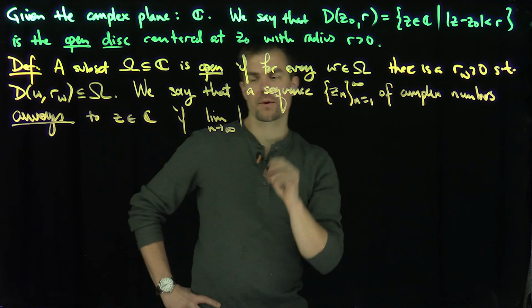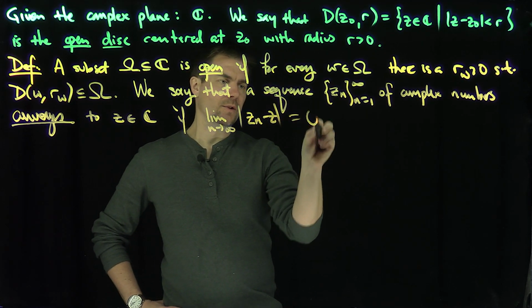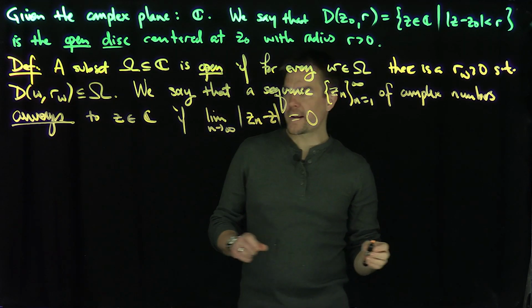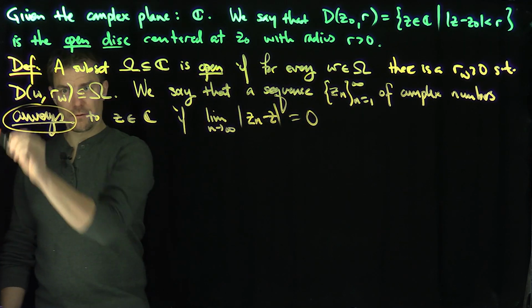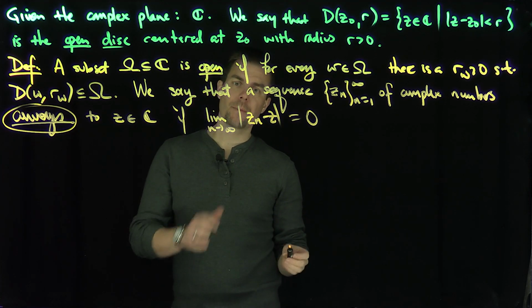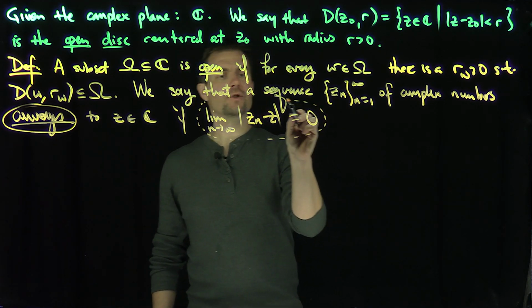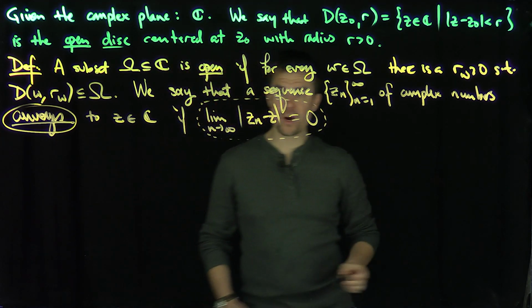I'm using limits of real numbers, so I'm relating convergence of a sequence of complex numbers to convergence of a corresponding sequence of real numbers.